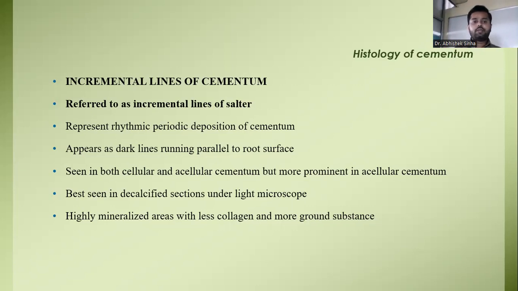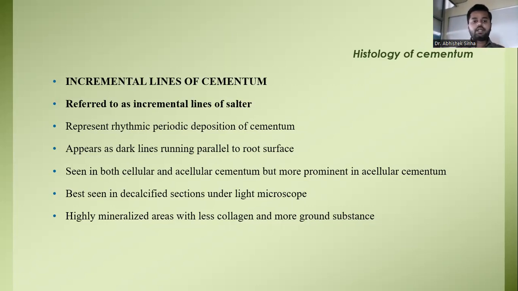They represent rhythmic periodic deposition of cementum. Understood? When you understand an increment in your salary, or in your job, you say increment, it means you are increasing in a rhythmic pattern, going step by step. So when there is a rhythmic periodic deposition of cementum, that is where the incremental lines of cementum are formed.